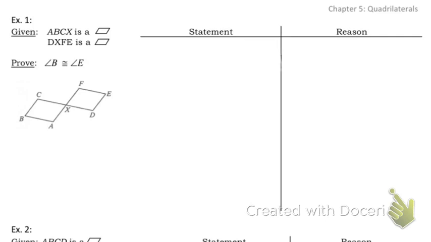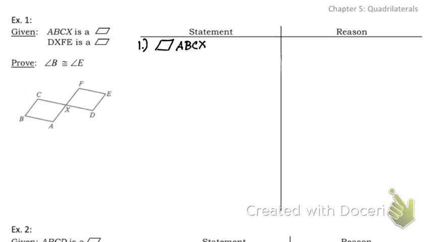Let's first write down our statements. See how it says ABCX is a parallelogram? A way to shortcut that is just write parallelogram ABCX. You can absolutely write ABCX is a parallelogram, but this means the same thing, just a couple less words.